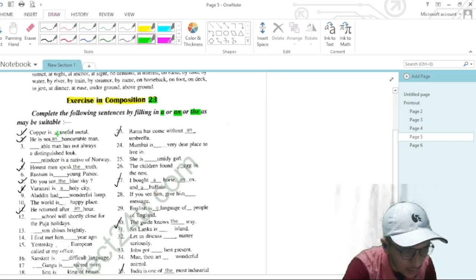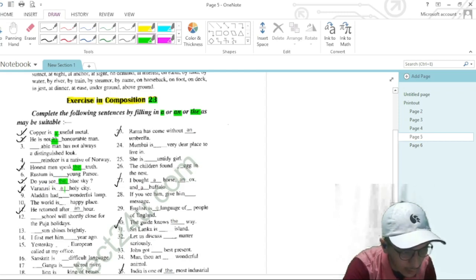Copper is a useful metal. He is not an honorable man. Honest men speak the truth. Do you see the blue sky?